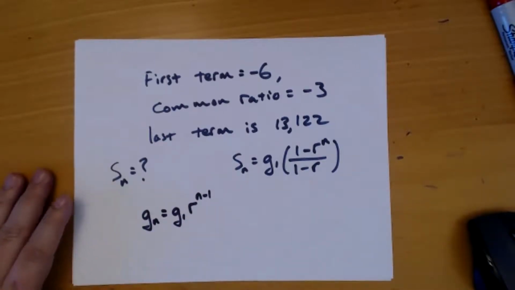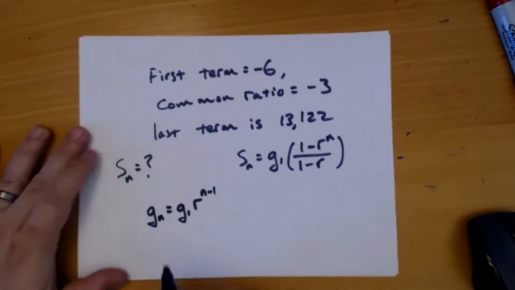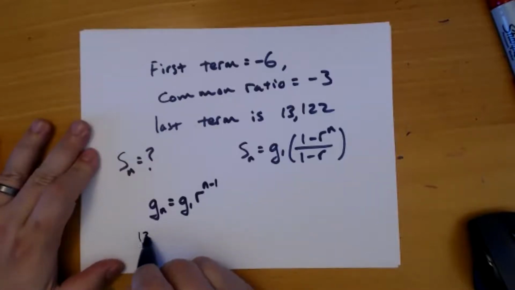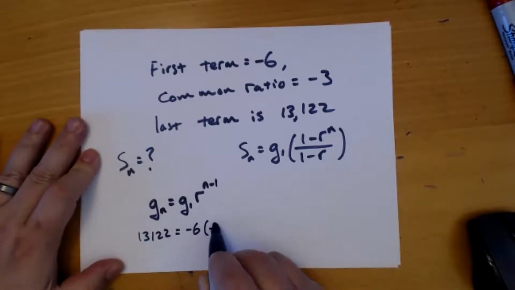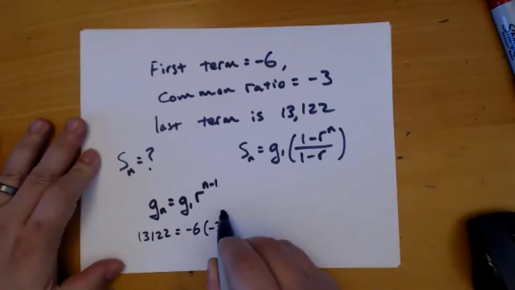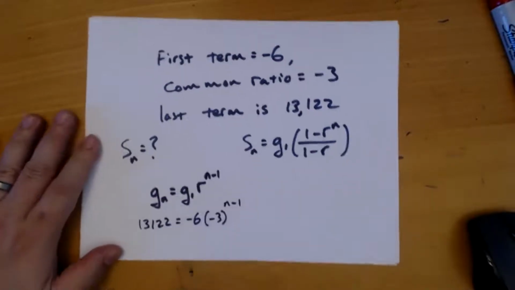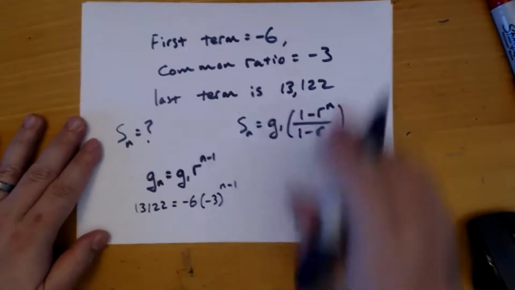Now let's plug in all the stuff that we know and find the things that we don't. 13122 is equal to my first term, which is -6, times my R, which is -3, to the N minus 1.